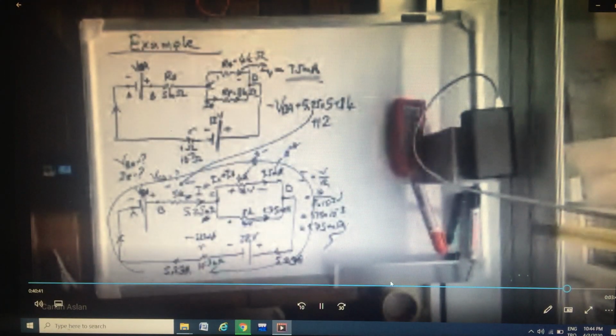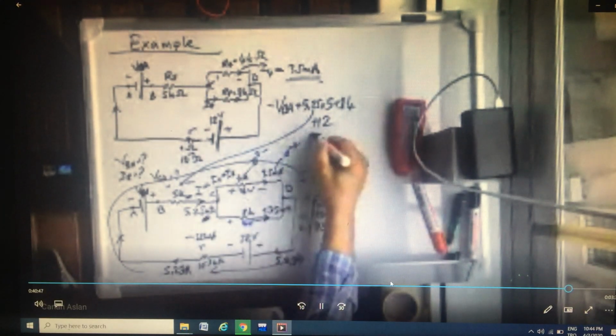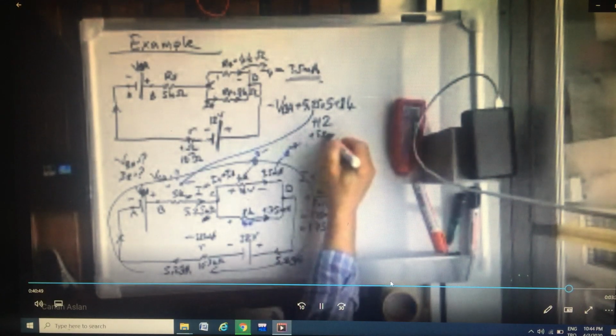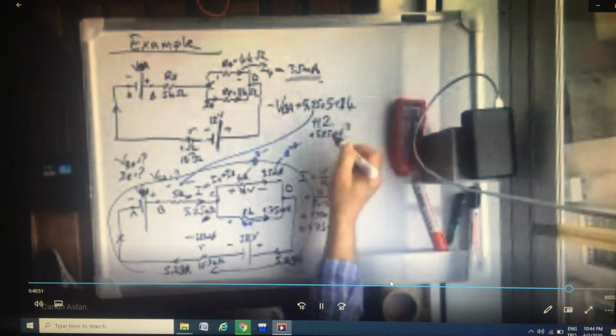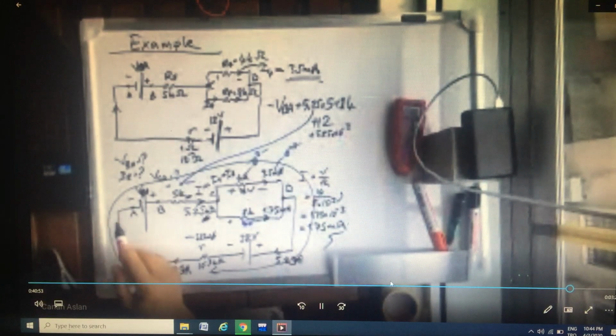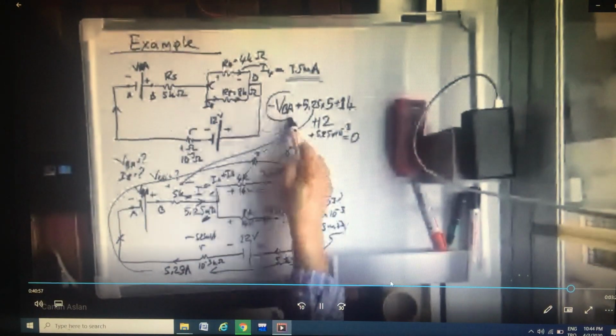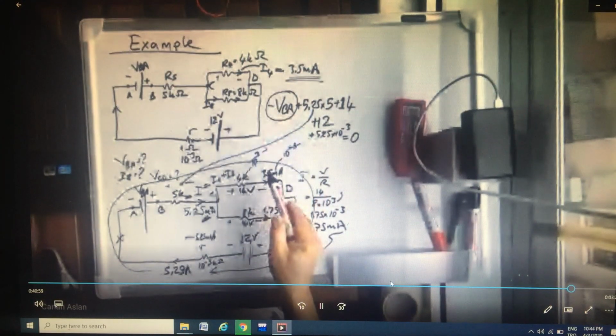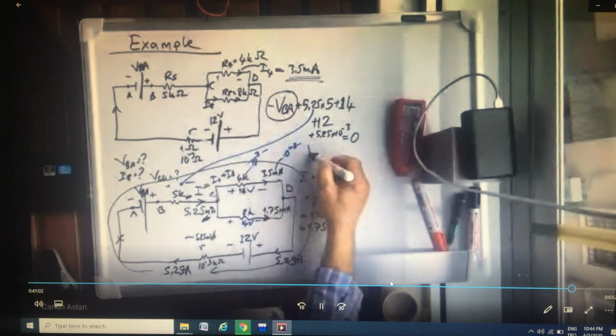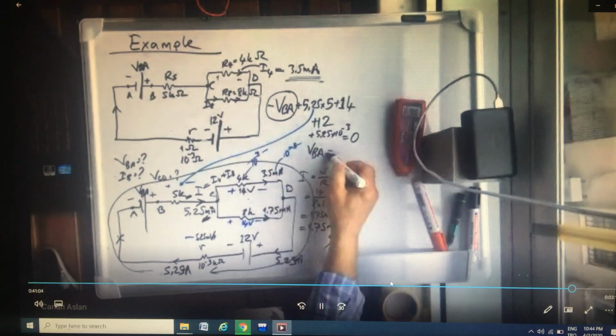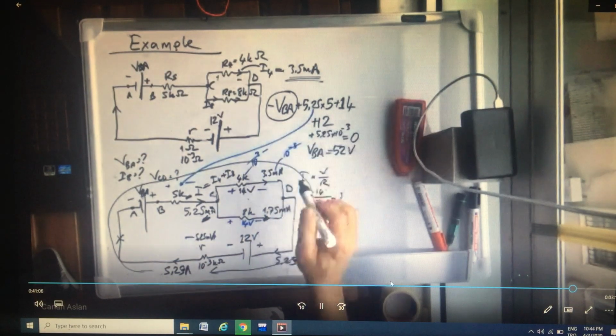Very small, very small. You can really neglect this. Very small potential drop. And then this is plus 5.25 times 10 to the minus 3. Okay, and then I come back to this point is equal to 0. So as you see, the only thing which is unknown is VBA here, and VBA is just 52 volts. VBA is equal to 52 volts. Okay.